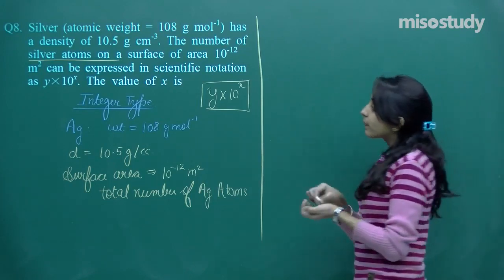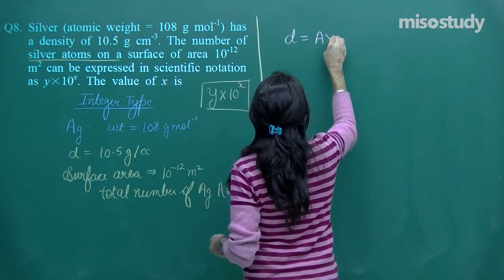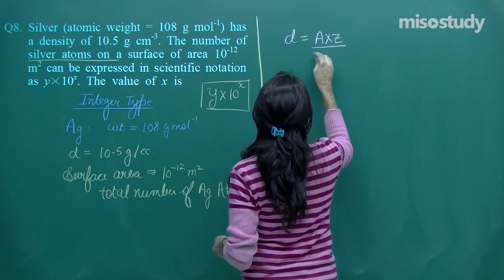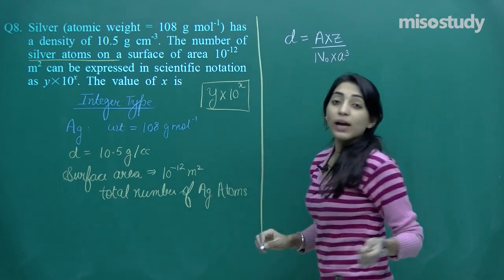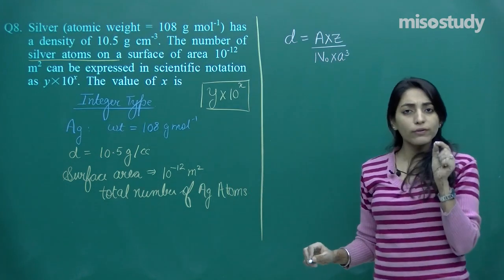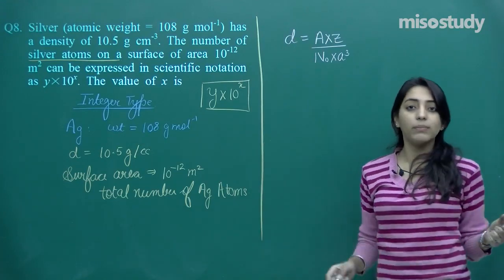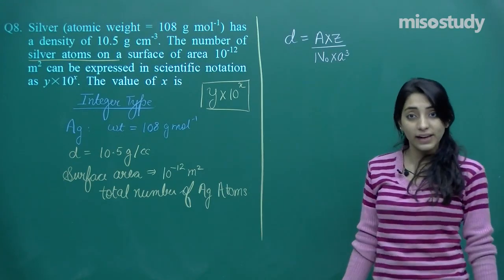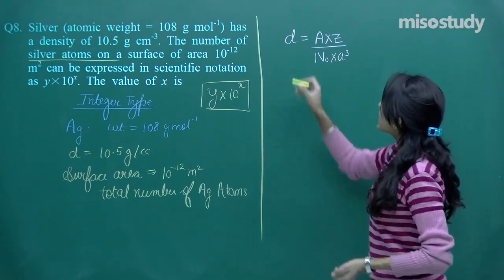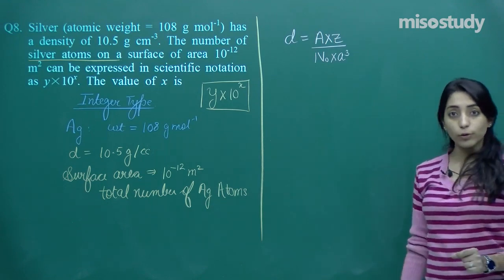So you know now that we can say density is equal to A into Z divided by N naught into A cube. Whether you calculate the density of a small portion of the unit cell or one complete unit cell or the entire crystal structure, the density is going to be same. It is an intensive property, right?